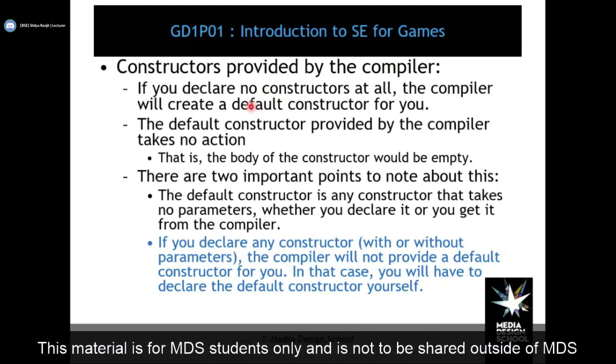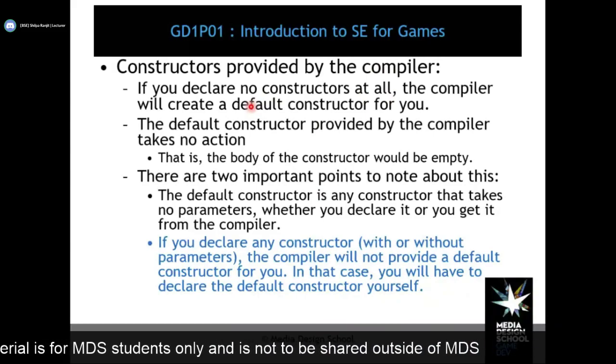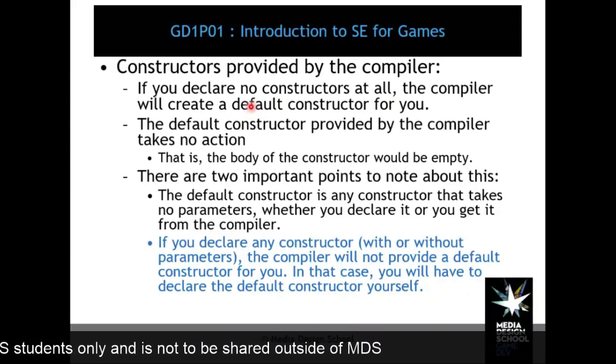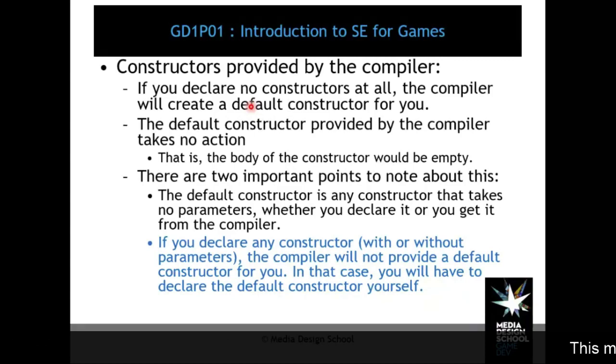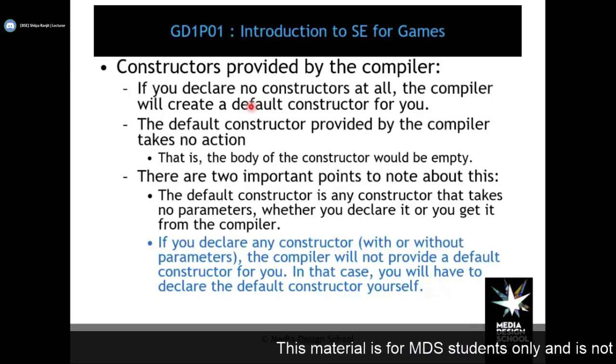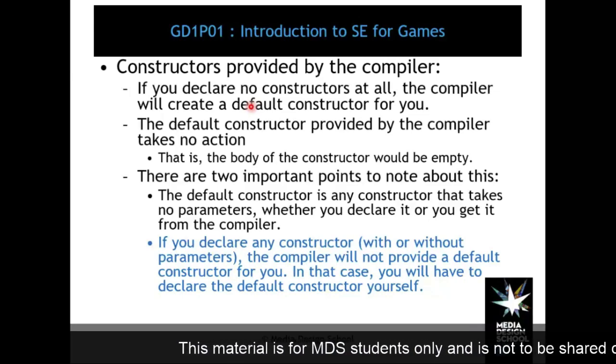But remember that the compiler provided default constructor does not perform anything. So it's like an empty function, and your object is basically initialized with garbage values. So the purpose of a constructor is to initialize your object with some meaningful values. That's why it's always advised to have a constructor.